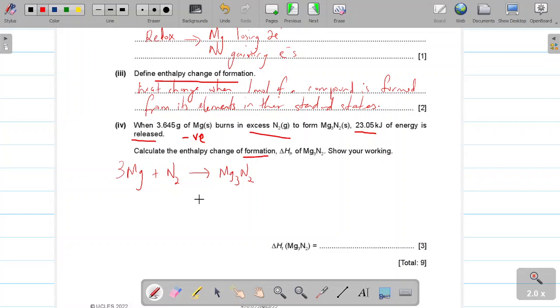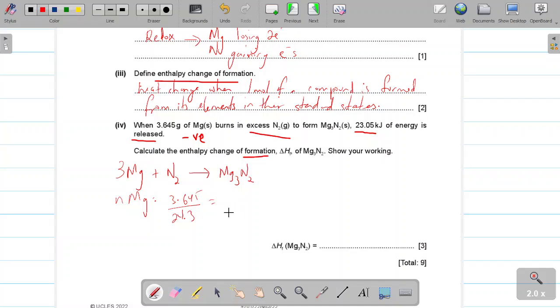From this, we should be able to see that the enthalpy change of formation is defined as the heat change when 1 mole of a compound is formed. So we have to work out for 1 mole of magnesium nitride. How many moles of magnesium do we have? The number of moles of magnesium is given by the mass of magnesium, which is 3.645, divided by its relative atomic mass, which in the data booklet is 24.3.